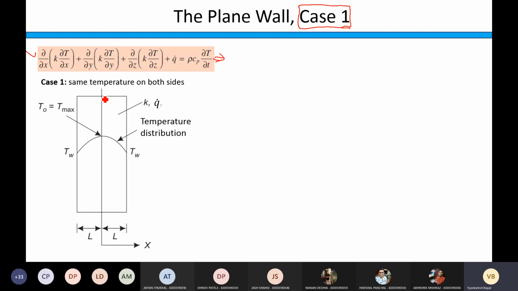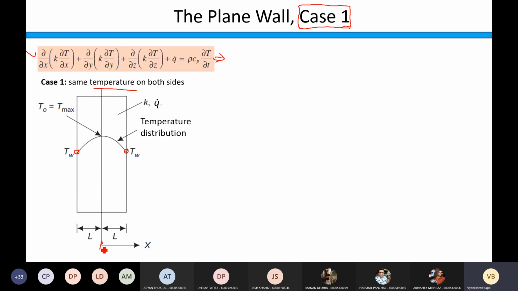So let us say first case. Case A is you have a slab like this which has the same temperature on both sides. Let us call this temperature TW, wall temperature, same temperature on both sides. So these two points are at the same level. And this is the center line of your slab.